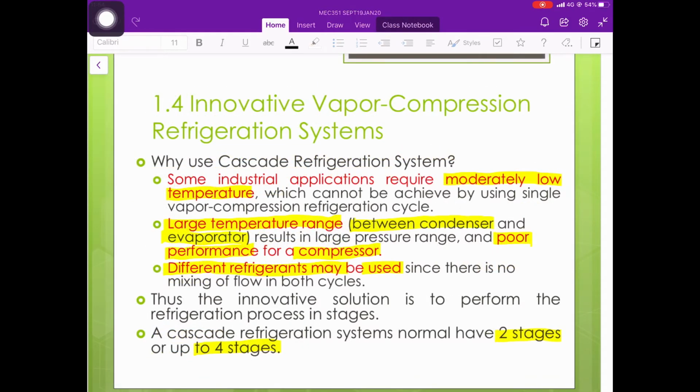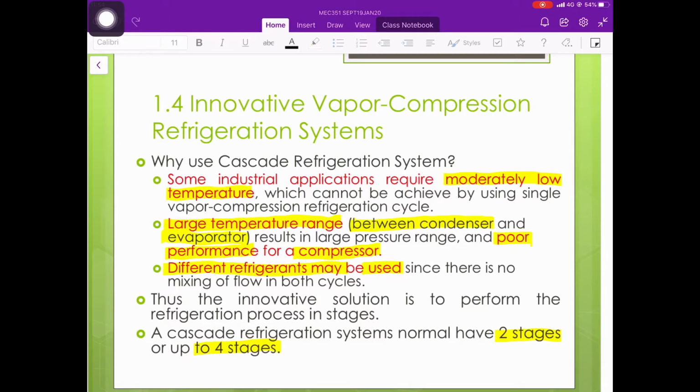Now let's have a look at Cascade Refrigeration System. Cascade Refrigeration System is used for industrial applications that require moderately low temperature that cannot be achieved by the simple vapor compression refrigeration cycle.